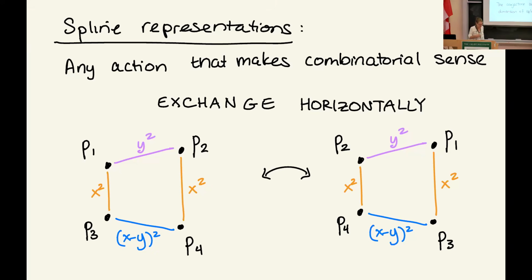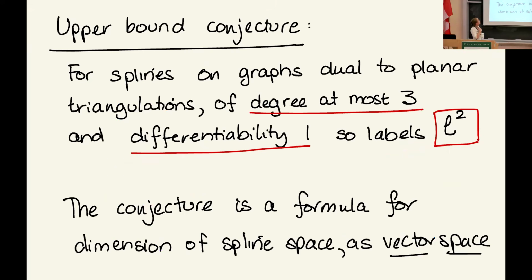This particular example I pull out because of the upper bound conjecture. Here we're looking at splines on graphs dual to planar triangulations, restricting to degree at most 3 and differentiability 1.